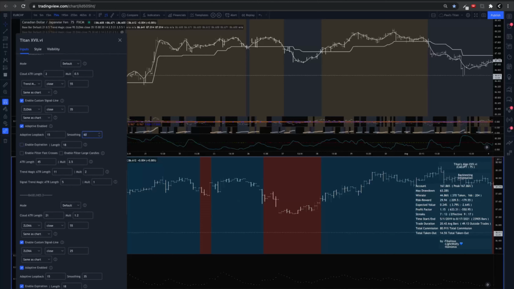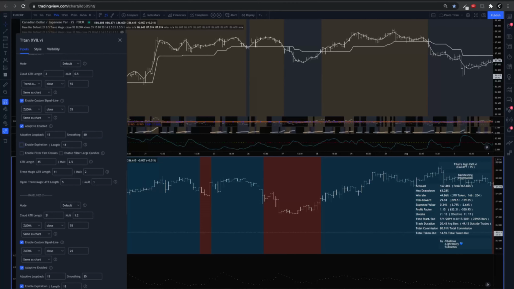So then we test it out. Let's go 65 and see if we can find the sweet spot. 167.86. Nope. So 60 is better. What about 55? No. So 60 is best.